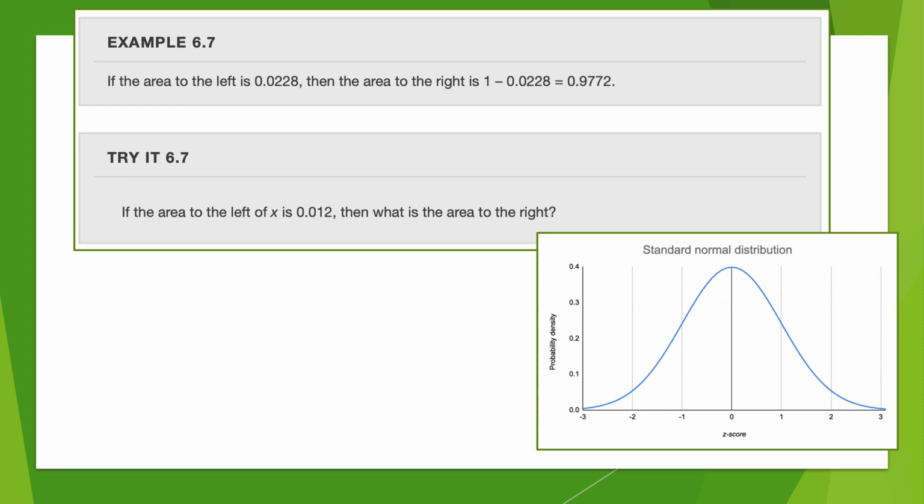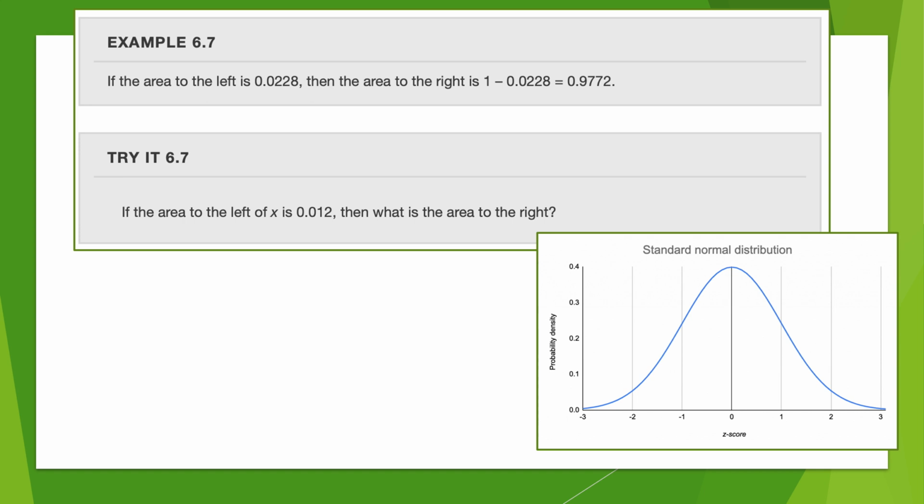Since the whole area underneath the blue normal curve is 1, if the area to the left is 0.0228, then the area to the right is likewise 1 minus 0.0228. So I get 0.9772.